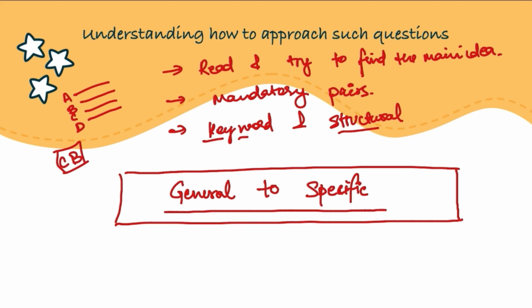If these ABCD 4 sentences are to be rearranged in a coherent manner, then we will try and find out which is the most general sentence, the sentence which provides the most general information. By this, what do we mean? It means that it has to be the sentence which does not require any prior information from the other sentences for us to understand it, right?